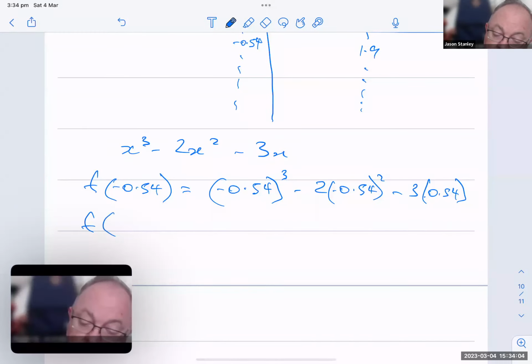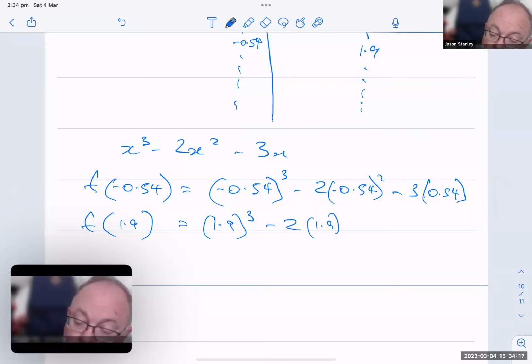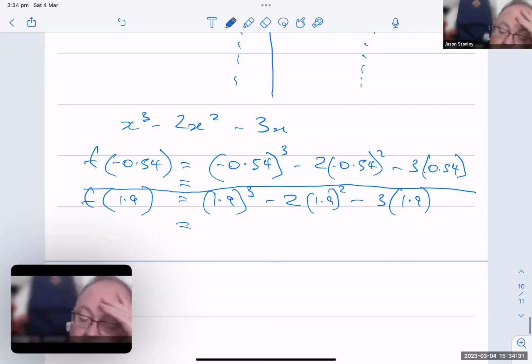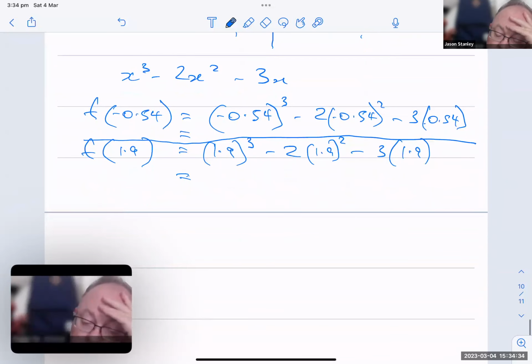And f of 1.9 is equal to 1.9 cubed minus 2 times 1.9 squared minus 3 times 1.9. Okay, so what are those values? That's a bit nasty, isn't it? They're the y values. If we can find the coordinates, I'll show you what the next step is. The next step is we've got to evaluate that.